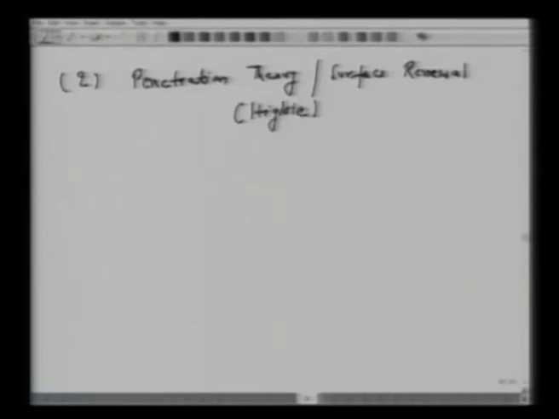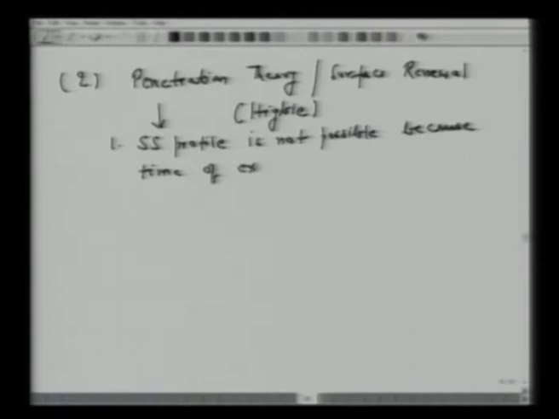Okay, so all penetration theory says, first, steady state concentration profile is not possible, because time of exposure of fluid to mass transfer is short.